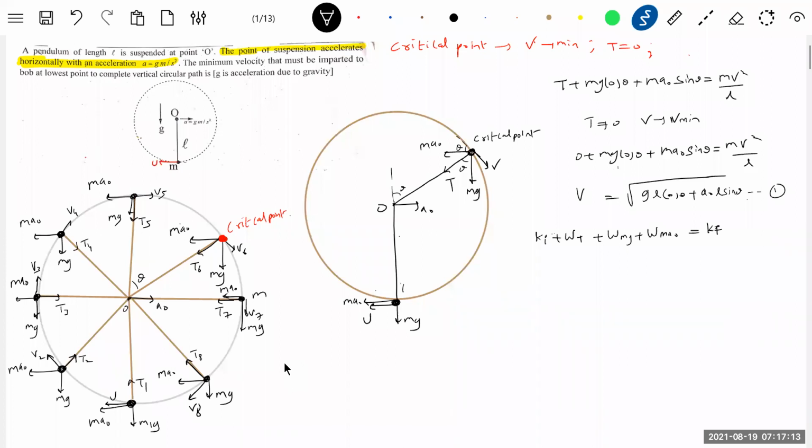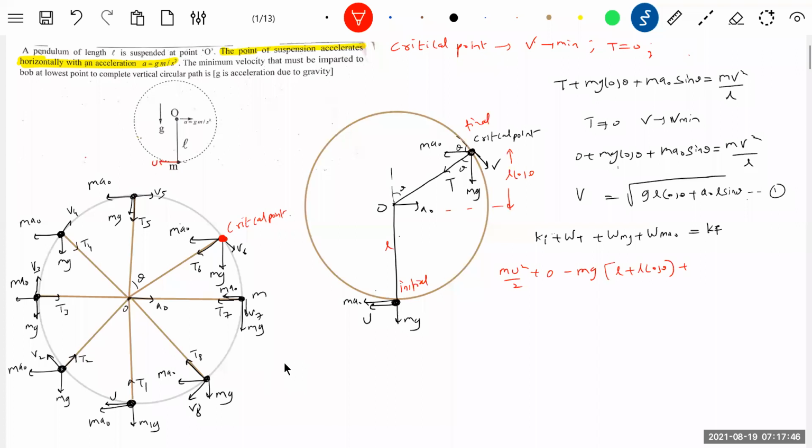This is the initial and this is the final. So mu square by 2 plus work done by tension, which is 0, plus work done by mg. How much height will it ascend? This length will be L cos theta, and this is L. So work done by gravity will be minus mg times L plus L cos theta.